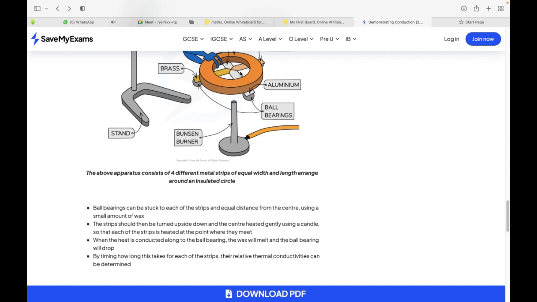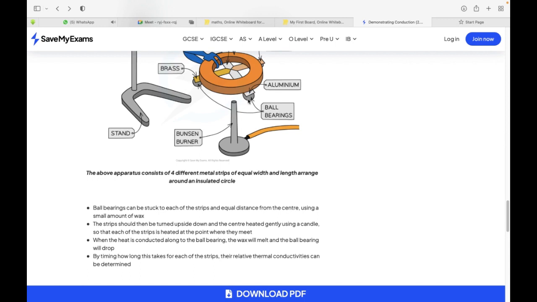Is that okay? So we say when the heat is conducted along the ball bearings, the wax will melt and the ball bearing will drop. The wax with which you stuck the ball bearings to each of the metals, candle wax, will melt. Now the ball bearing will drop.